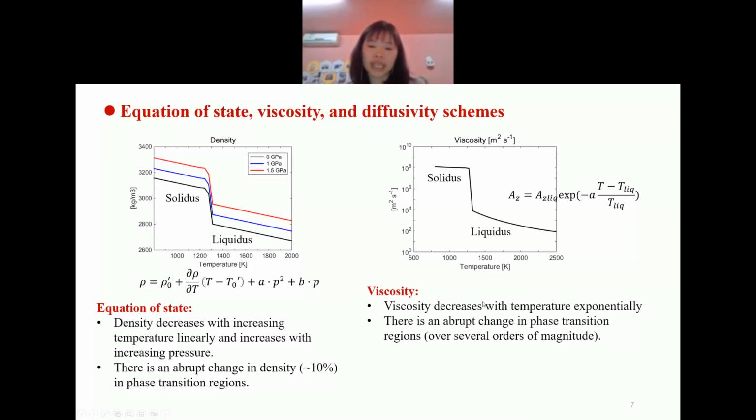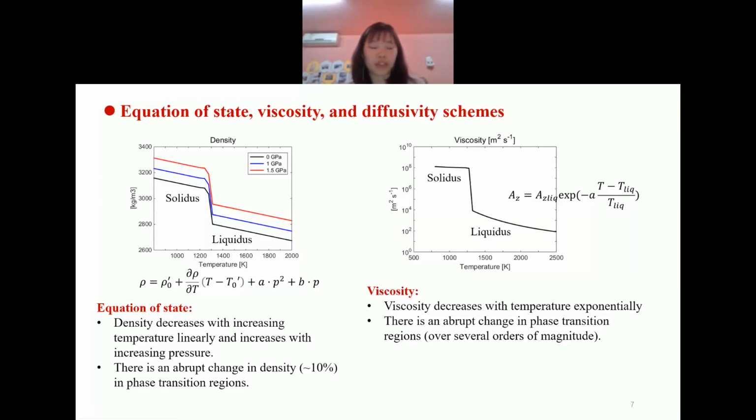For viscosity, in our model it decreases with temperature exponentially. As you can see from the previous slides, in reality the viscosity in phase transition regions can vary dozens of orders of magnitude.